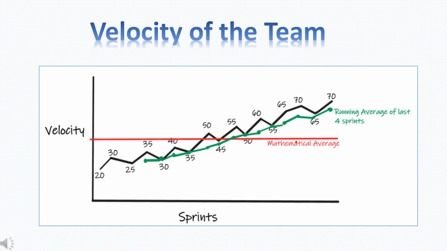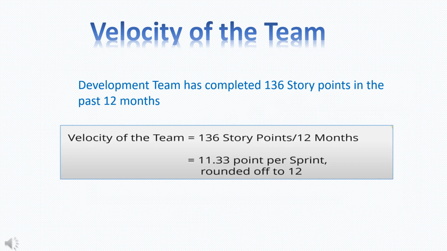The complexity of the user story and the business environment are obviously going to impact the velocity of the team. Let's take a look at an example of how to calculate the velocity for a team based on the historical information. We have a Scrum team that has completed 136 story points during the last 12 months.